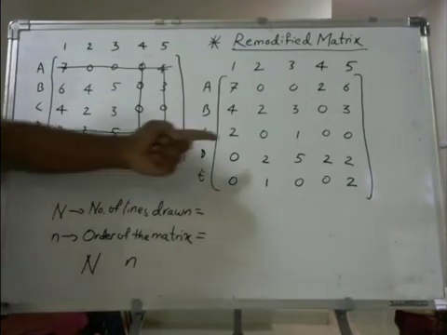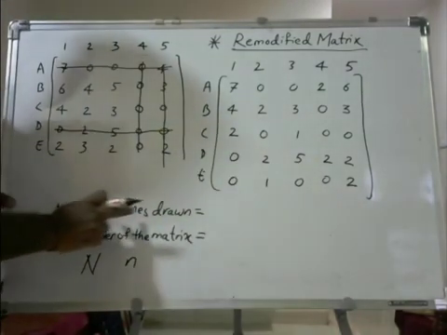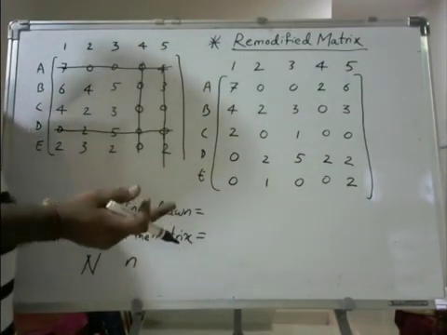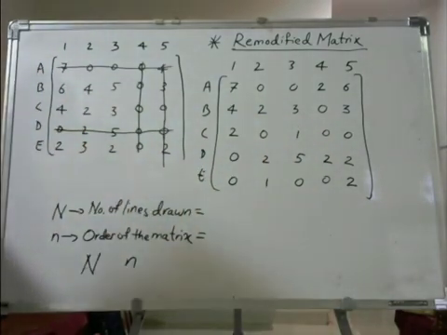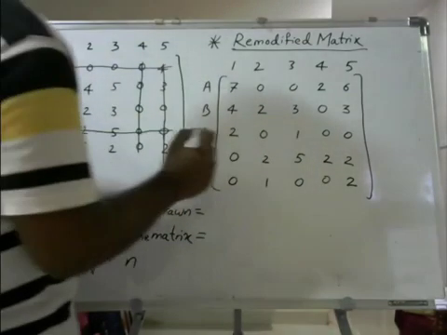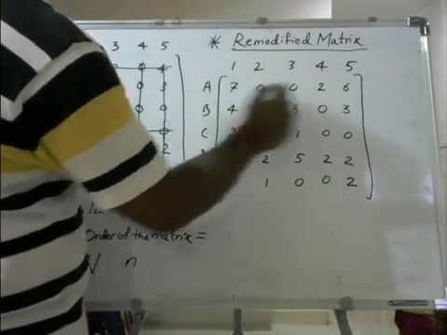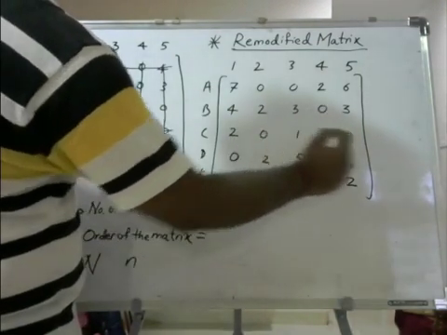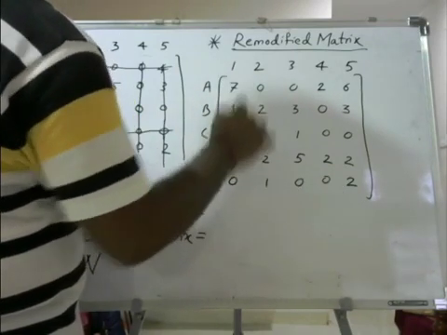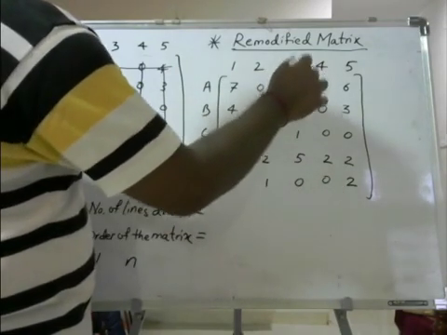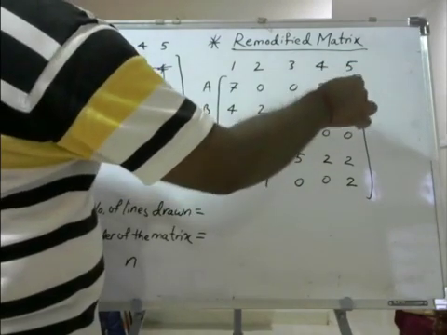Now for this remodified matrix, we need to draw the lines first. So how will we draw the lines? So the maximum number of zeros, here 2 are there, here 1, here 3 are there, right? Here 3 are there. Here in this way 2, 2, 2, 2, 1 is there.